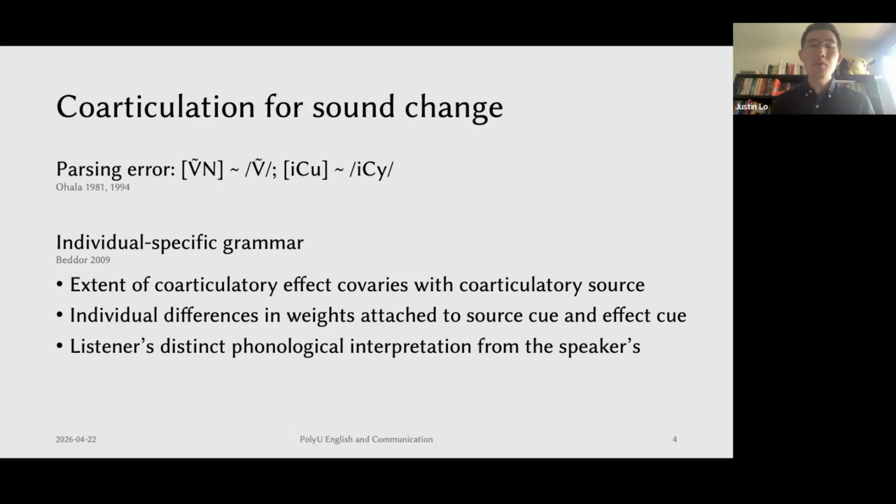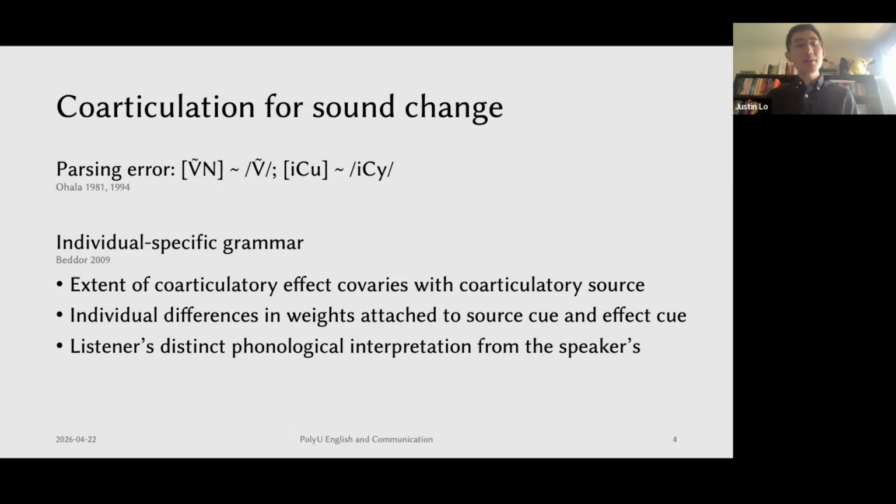What this means is that when you, as a listener, hear the sequence of a nasalized vowel followed by a nasal consonant, as in the examples like Hong Kong that I was mentioning, you should be able to parse or understand that any nasalization that you hear on the vowel comes from the nasal consonant and is just a byproduct of that. And so the vowel itself is phonologically oral, not nasal.